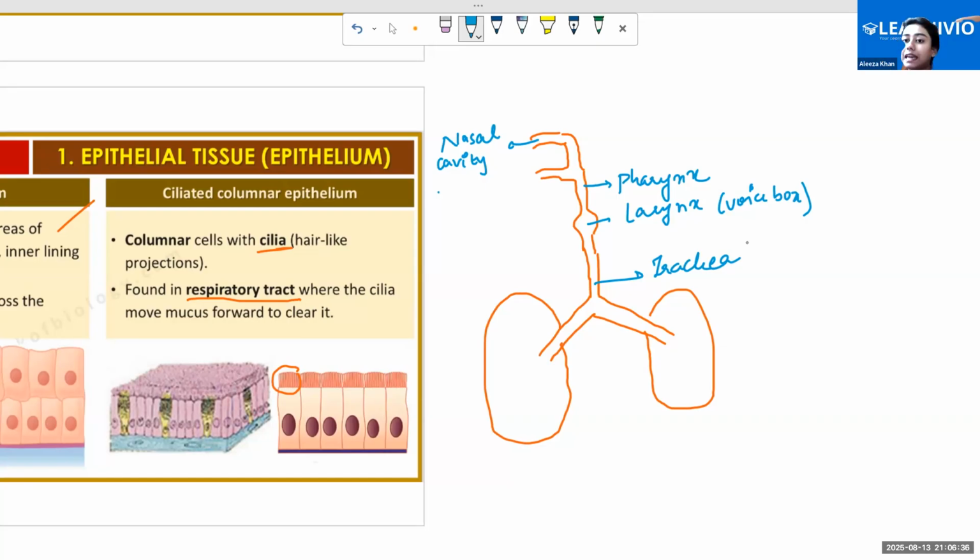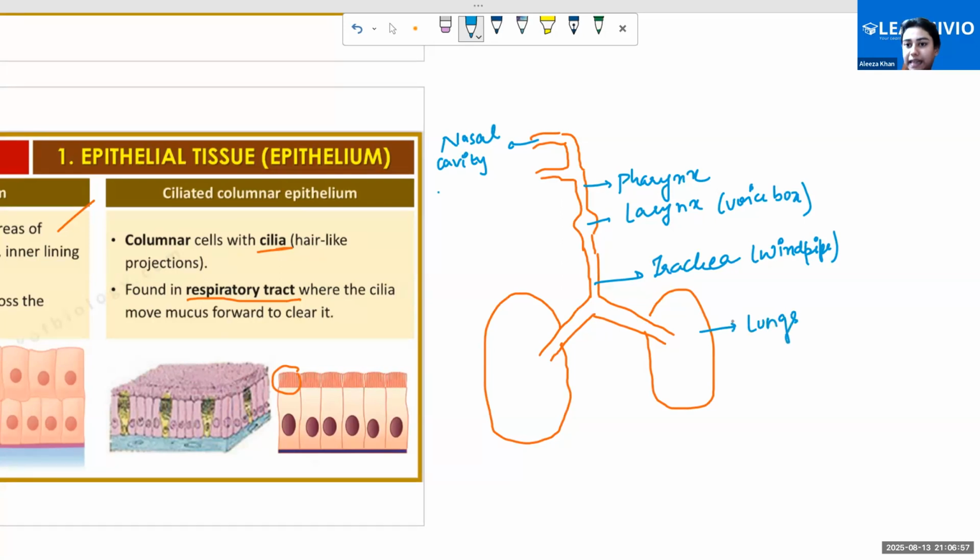Okay, your trachea is the windpipe. Do you know this? Why are we calling it a windpipe? Because it transports air from the nasal cavity.